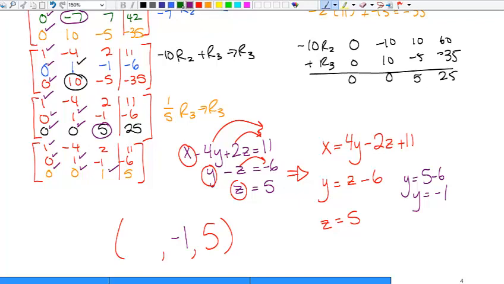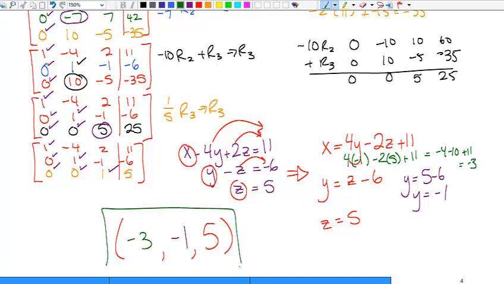And then for the x, I can replace both y and z. So the y is -1 and the z is 5, which gets me 4 times -1, which is -4, minus 10, which is -14, plus 11, which is -3. So this is what I believe my ordered triple is.